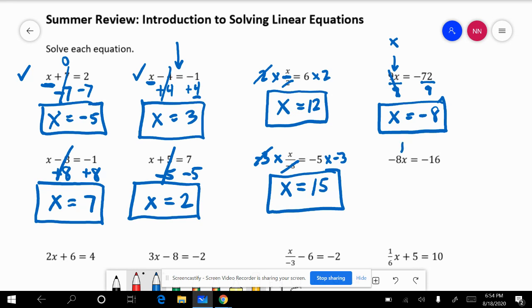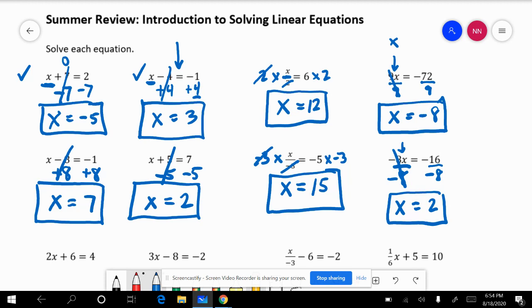Here, if we don't see a sign, we know that it's multiplication. So we're multiplying here, meaning in order to get rid of the negative 8, we need to do the opposite operation. The opposite of multiplying is dividing. So we divide each side by negative 8. The negative 8's cancel. We isolate the variable. Negative divided by negative is a positive, so that would be a positive 2.